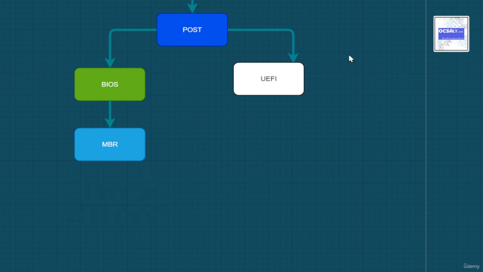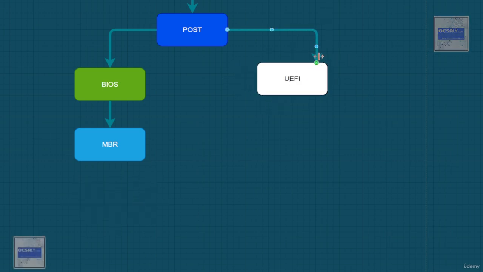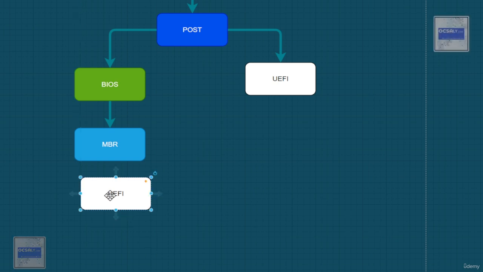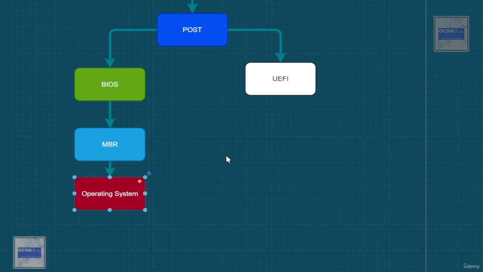After the operating system loads, the computer is started and you can use it.